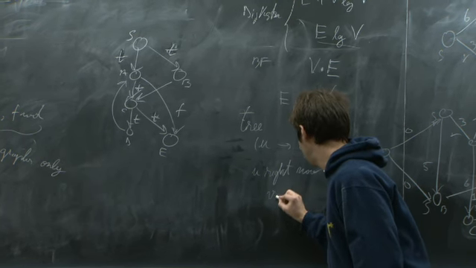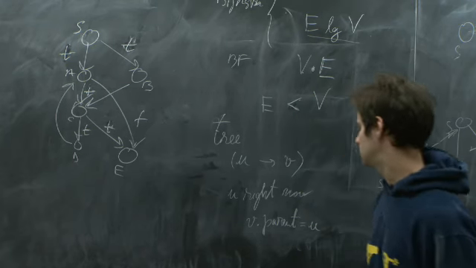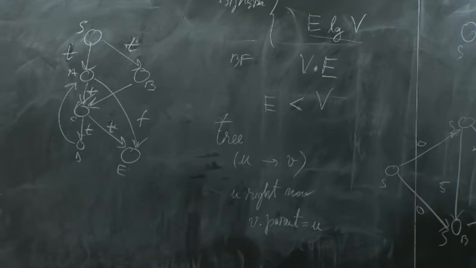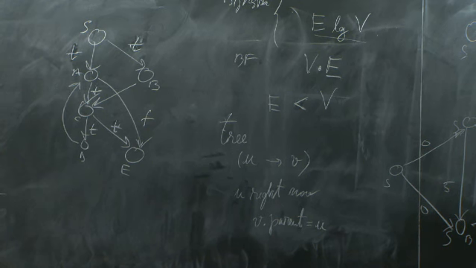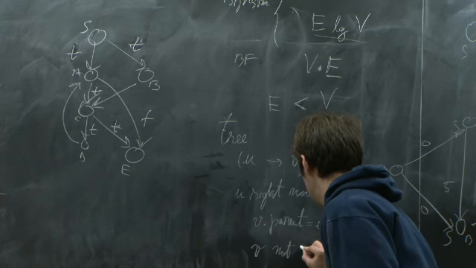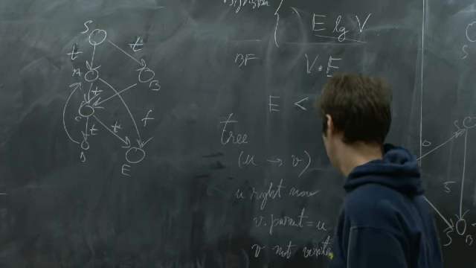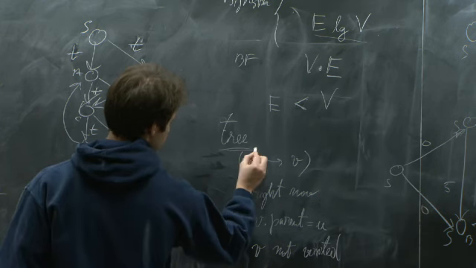So V.parent has to be U. And is V visited or not? No. So V is not visited yet. So this is a tree edge.